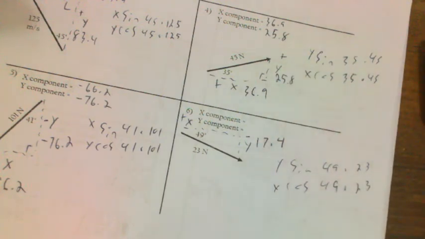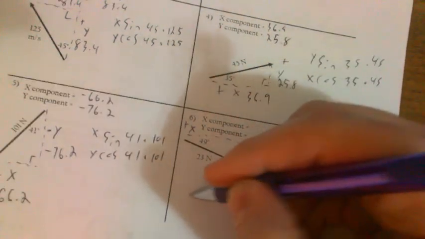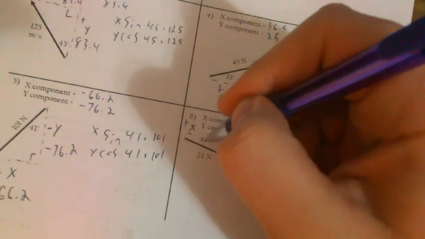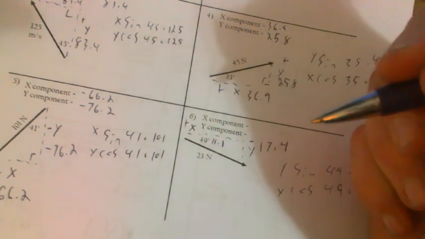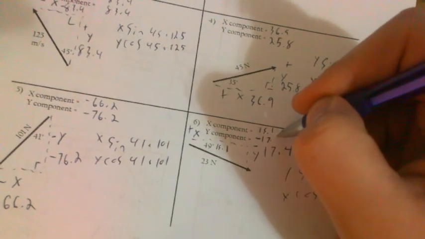And then our x component here is going to be cosine 49 times 23 is 15.08, which is going to round up to 15.1. So our x component is positive 15.1, our y component is negative 17.4.